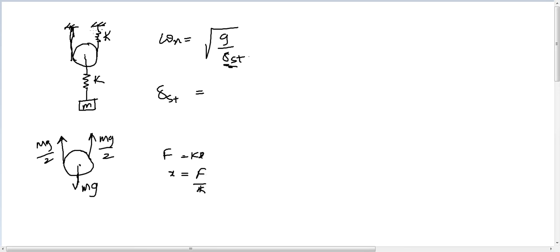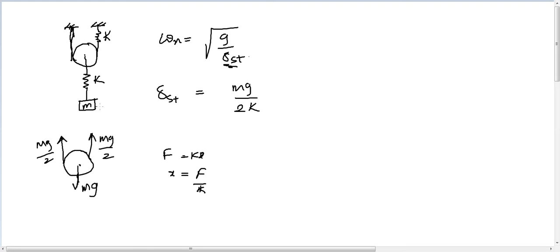That means the force in this spring divided by k will give me the deflection in this spring. The force in this spring is nothing but mg by 2, into 1 by K.